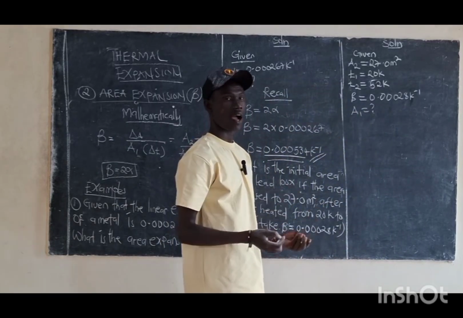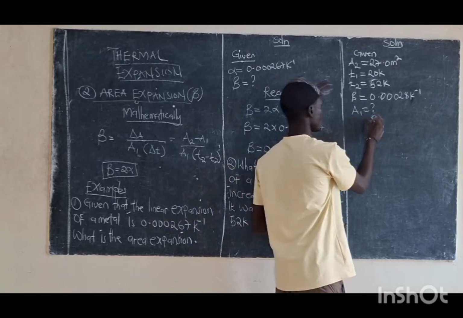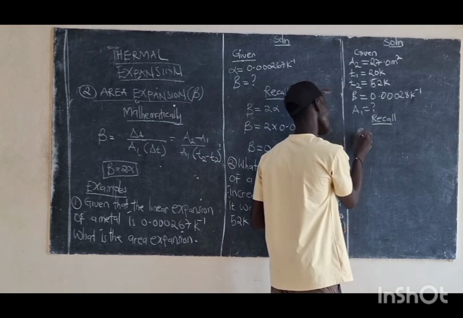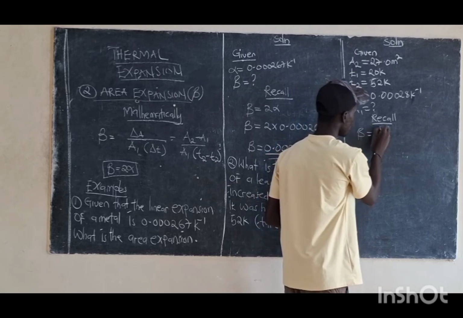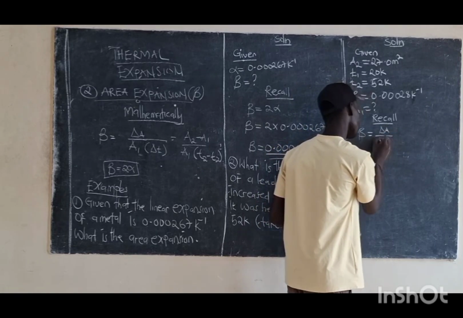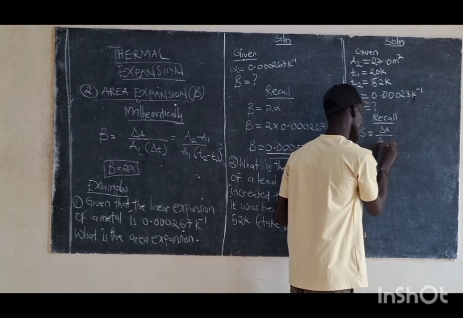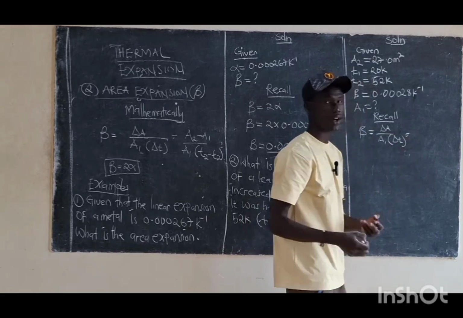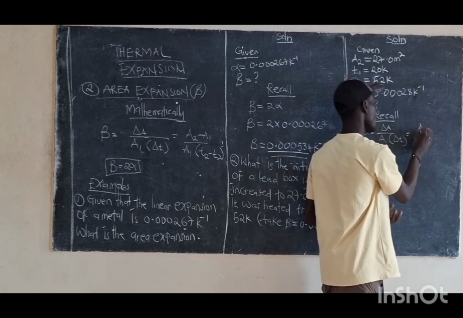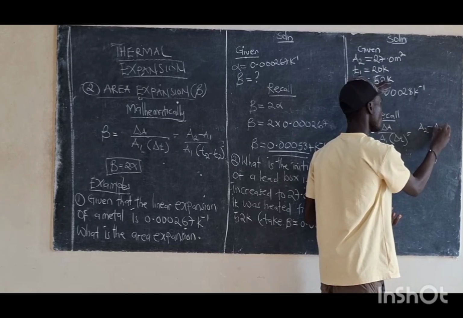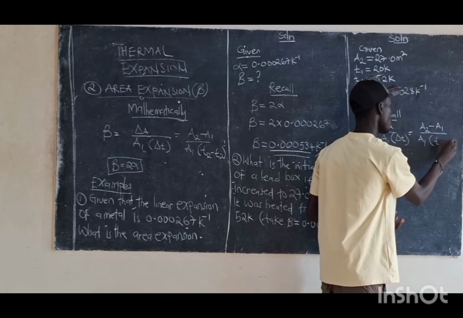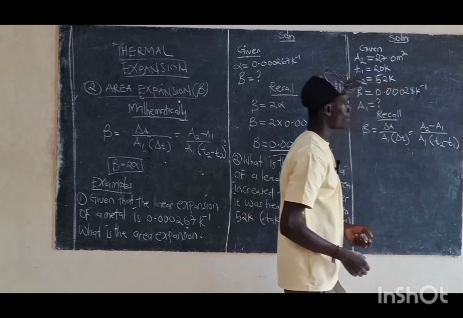Now let's recall our formula. Recall: beta is equal to the change in area all over the original area, which is A1, times the change in temperature. You can also write it as A2 minus A1 all over A1 times T2 minus T1.